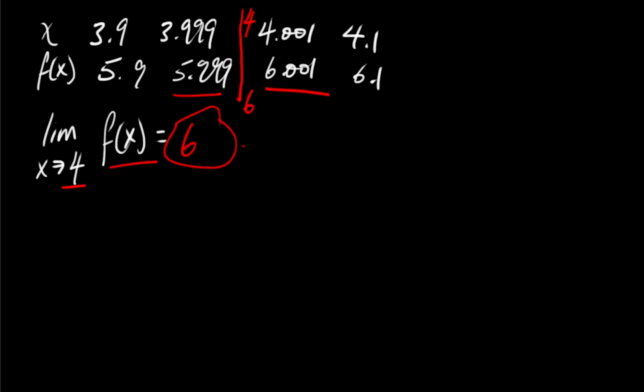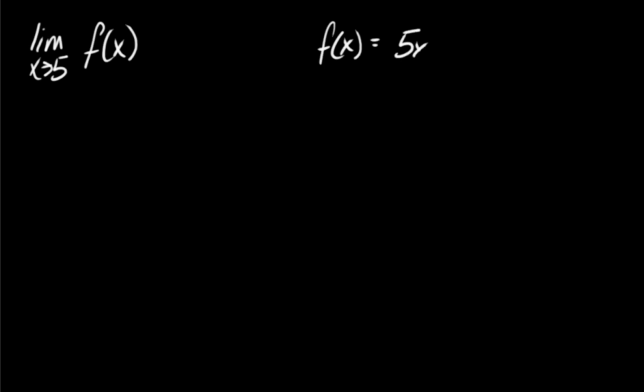Now, we also said that there was another way to do this, and that would be algebraically. In this video we're only going to talk about the basics because it's the start, right? We're going to rewrite our notation here, but instead we're going to do the limit as x approaches 5 of f of x, and on the side we're going to say that f of x is equal to 5x squared minus 3.